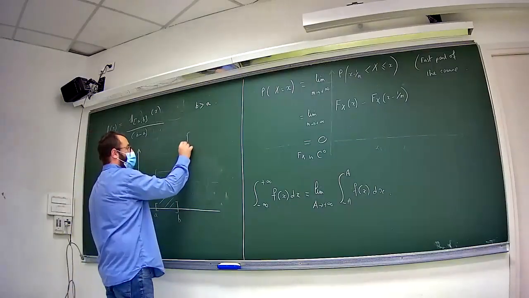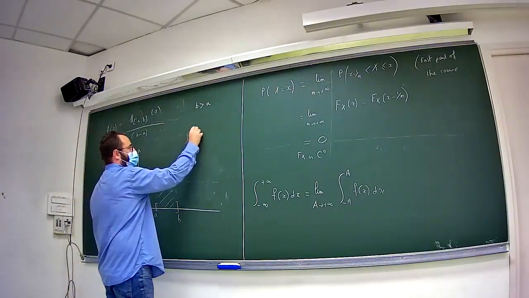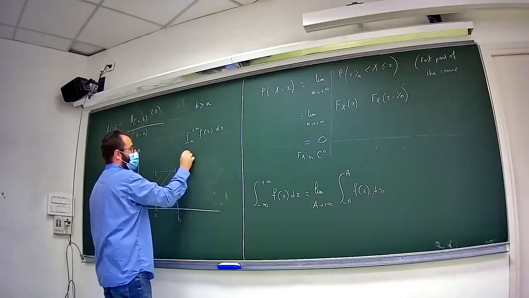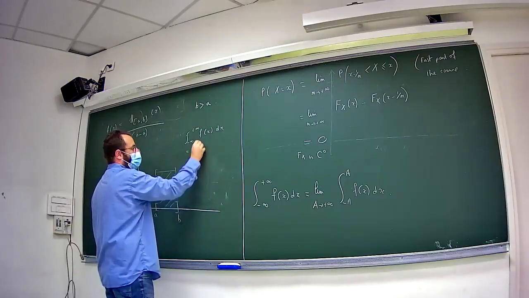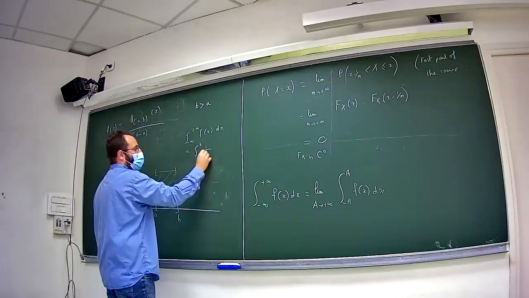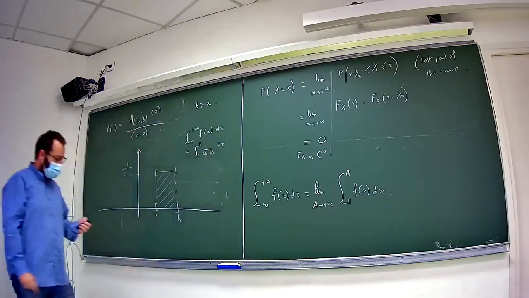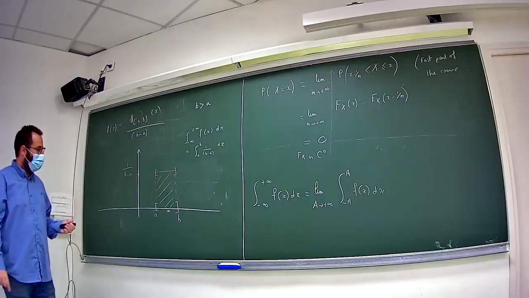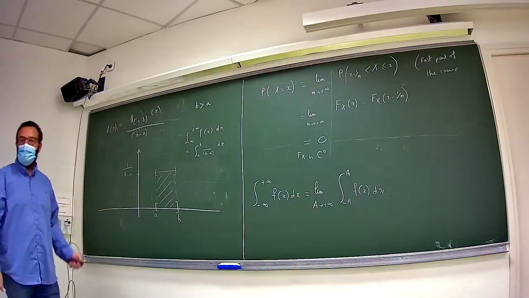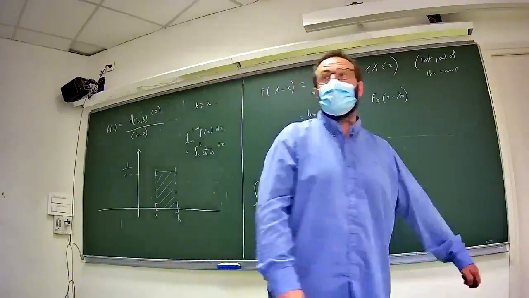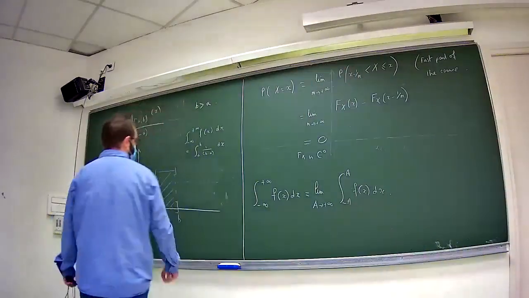And so my integral between minus and plus infinity in this case is what? It's simply the integral between a and b of 1 over b minus a dx. That is exactly the area of this rectangle. And what is the area of this rectangle? 1. I have done the job for having it.